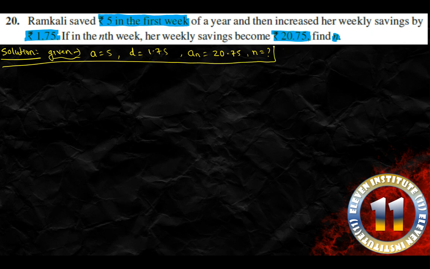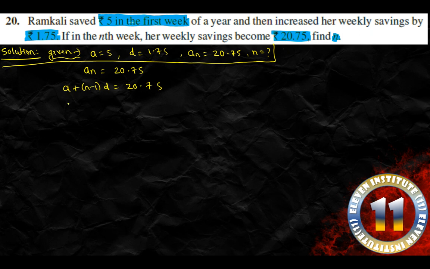Fine, I hope this is clear to you. Simply apply the formula of an, we will get the answer. So we can write over here an is equal to 20.75. What is an? We definitely know that a plus n minus 1 into d is equal to 20.75. Right?